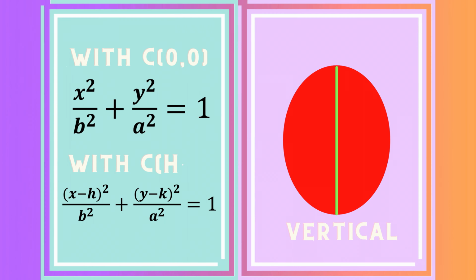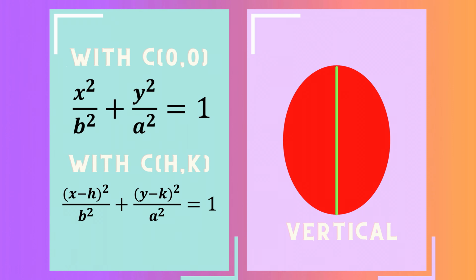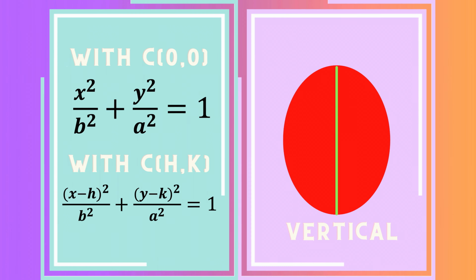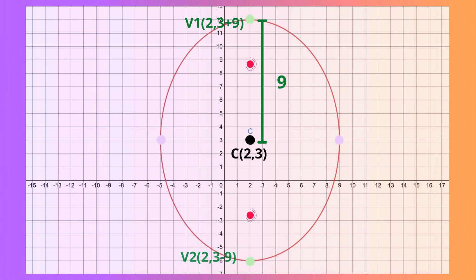This, on the other hand, is the equation of an ellipse if its center is at (h, k). Say for an example, an ellipse whose distance from center to the vertex above is 9 units, so from the center (2, 3), we add and subtract 9 to the y-coordinate, to get the coordinates of the vertices, (2, 12) and (2, negative 6).